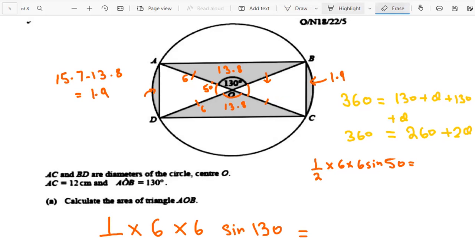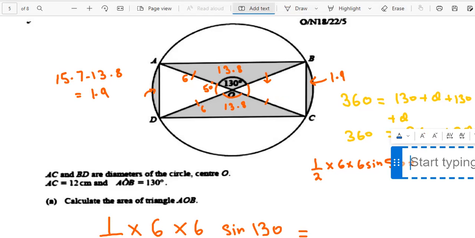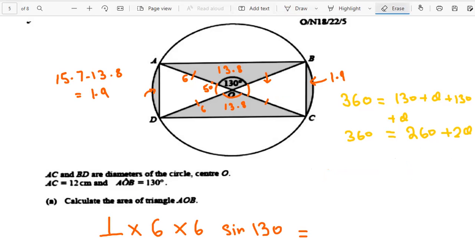So we have the 4 areas. Let's find the sum of the shaded region. So that would be shaded region equals 13.8 multiplied by 2 plus 1.9 multiplied by 2, and that is giving you 31.4.